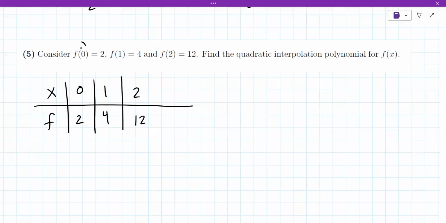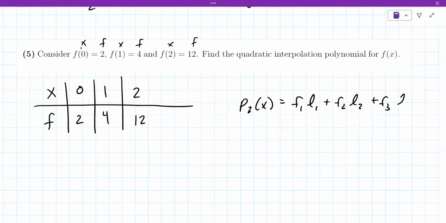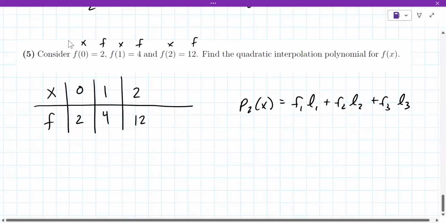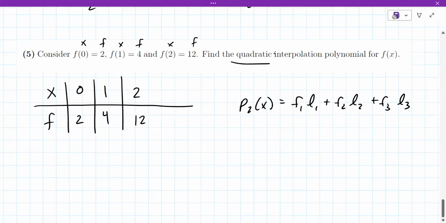This is x, and this is f. X and f, x and f, like that. Now you have to know this formula for the quadratic interpolation, which is F1 L1 plus F2 L2 plus F3 L3. That's for a quadratic. That's probably what you'll get.